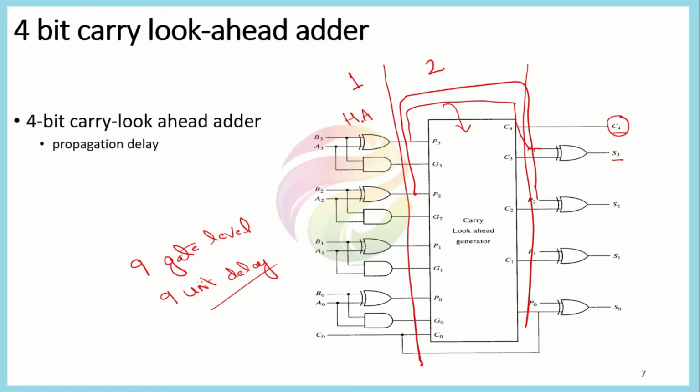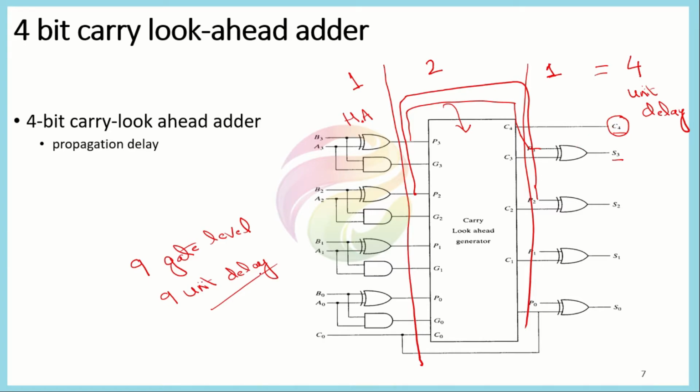That would require one level for the AND gates and one level for the OR gate, so we would have a 2 unit delay here. And then in the last one, there's an exclusive OR gate only, so that would be 1 unit. So in total, to get the complete result, we would require 4 unit delay for this system. We are assuming here that the propagation delay of each gate is 1 unit.